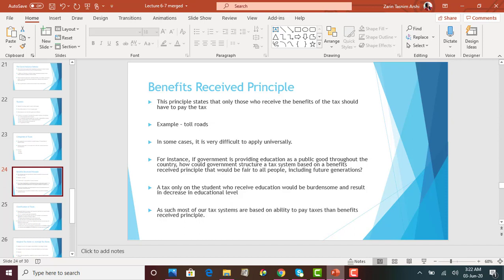People will not go to schools and colleges, and they will not get education. So this system cannot be applied universally, as tax can become burdensome to some groups. So everyone needs to pay taxes.